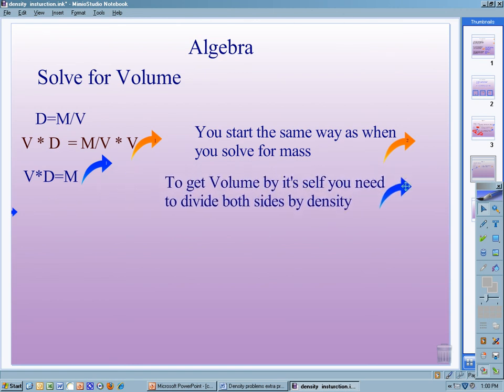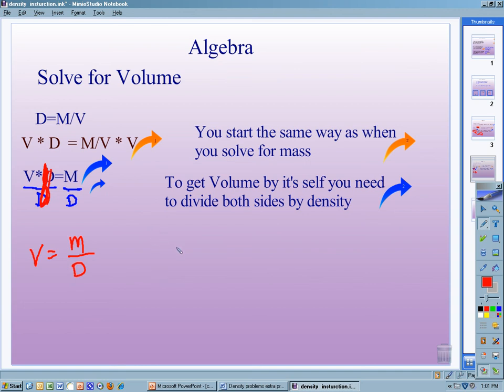But you need to get volume by itself. This means you need to divide both sides by density. When you do that, your densities on this side cancel out. And when they cancel out like that, you end up with volume equals mass divided by density.